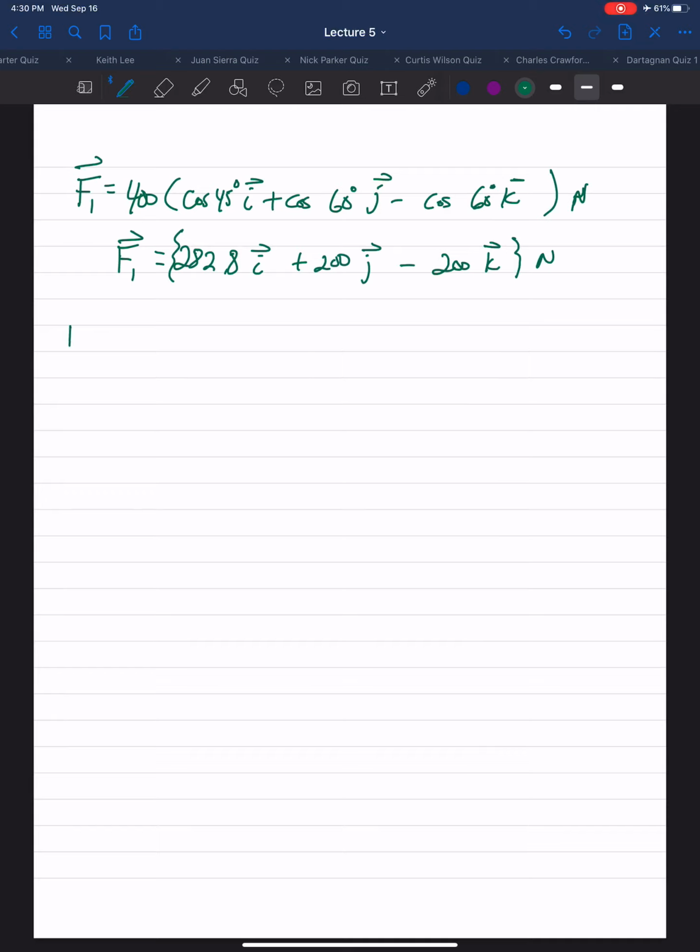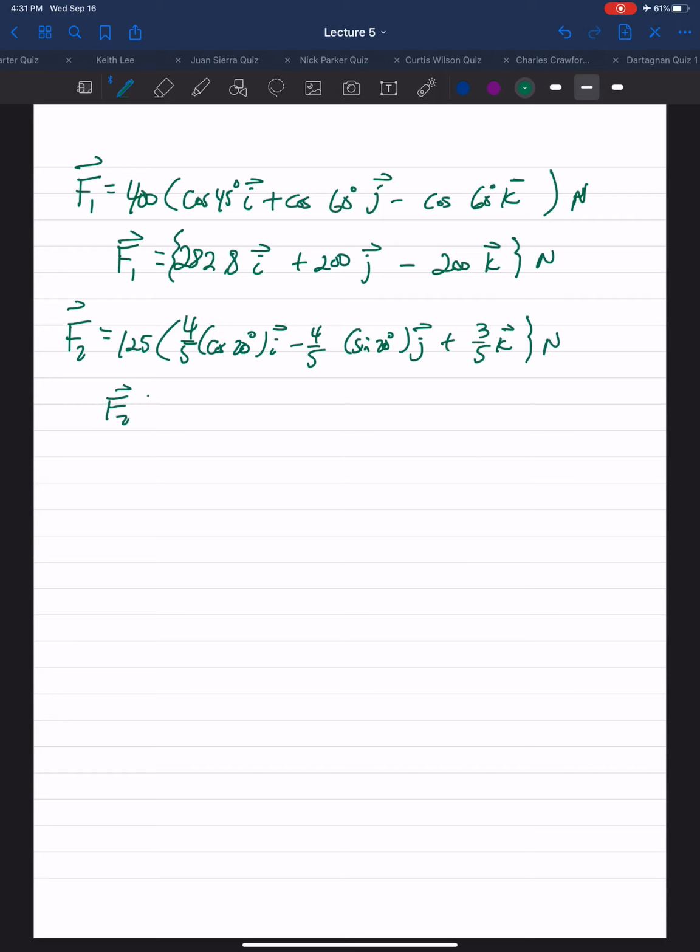We wrote force F2 as 125 times 4 over 5 to get us in the XY plane, times cosine of 20 degrees i, minus 4 over 5, because the sense of F2 is in the negative y direction, times sine 20 degrees j, plus 3/5 k.